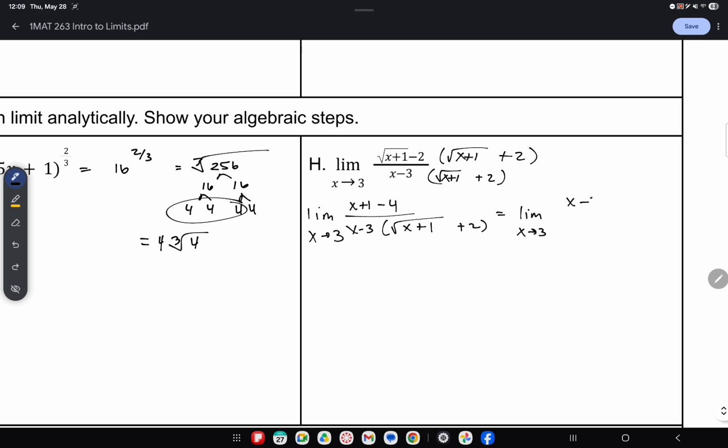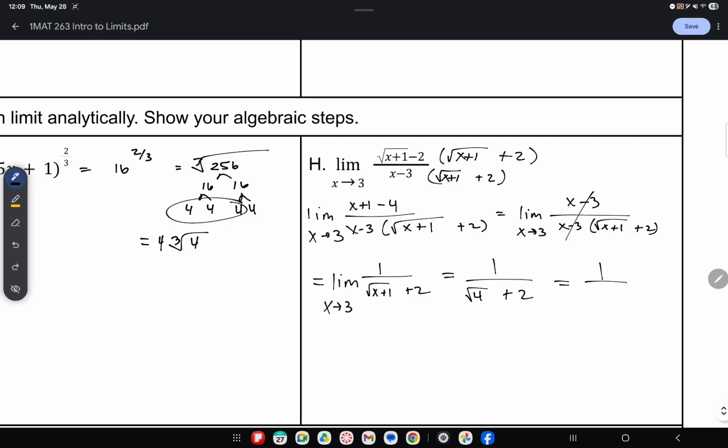That numerator is going to be x minus 3. That factor is going to cancel out. And now I can do a direct substitution. So square root of 4 plus 2 is going to give me 2 plus 2. So 1/4.